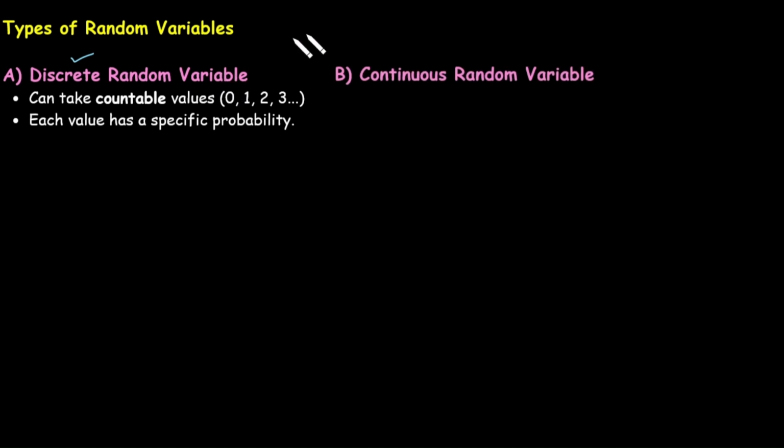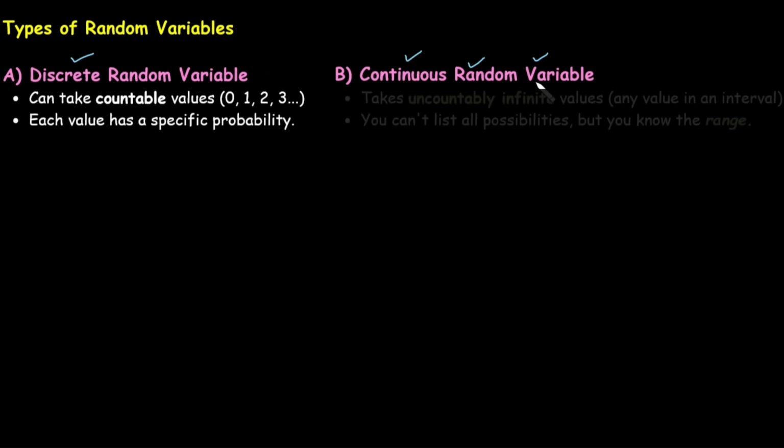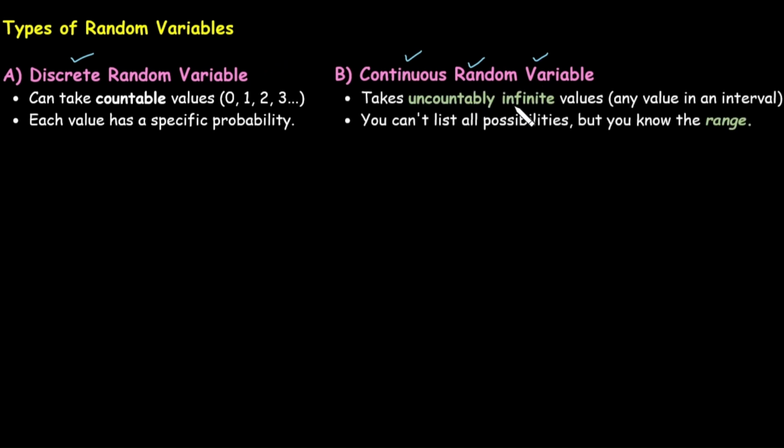On the other hand, we have a continuous random variable. Continuous random variable means it takes uncountably infinite values or any value in an interval. Suppose we have this interval 1 to 2. Now my question is, how many numbers are there?